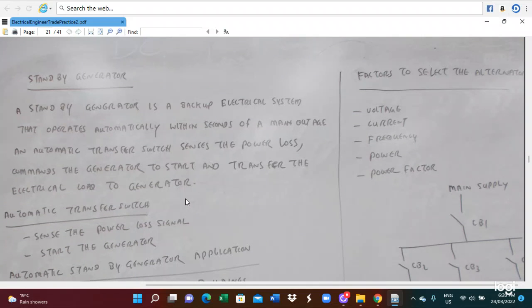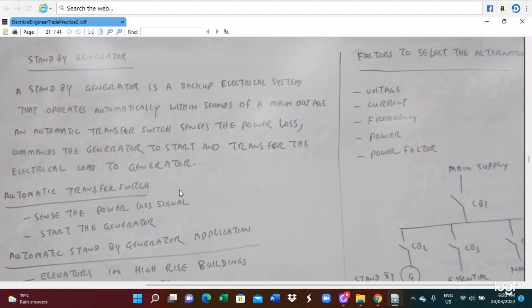So standby generator. A standby generator is a backup electrical system that operates automatically within seconds of the main power blackout, and the automatic transfer switch senses the power loss, commands the generator to start, and transfers the electrical load to the generator.